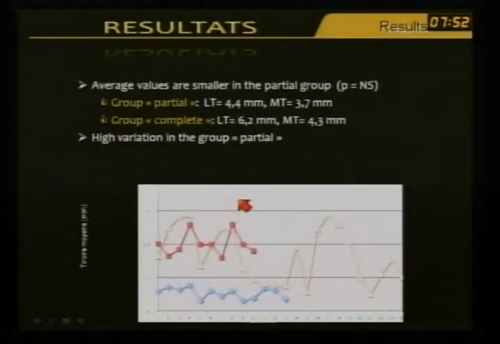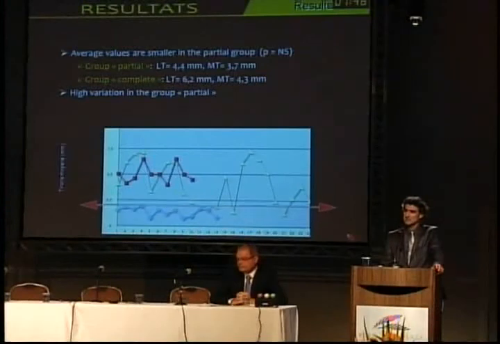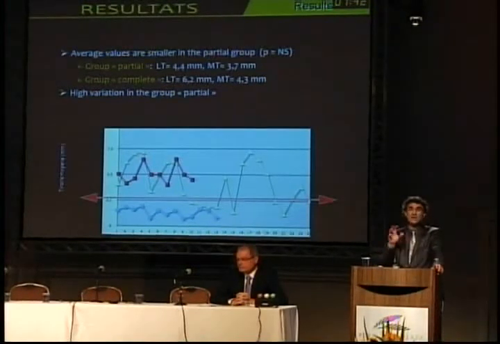What was important and really interesting, and for the surgeon it's the best thing we can have, is in the clinical partial group. We found a high variability in the aspect of this ACL.